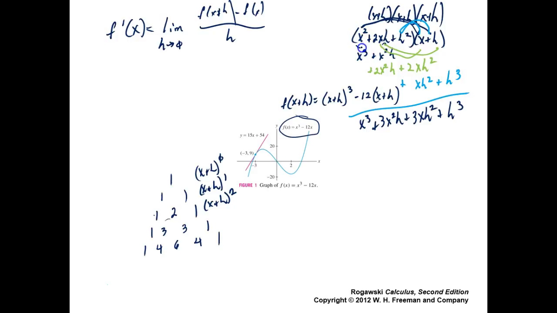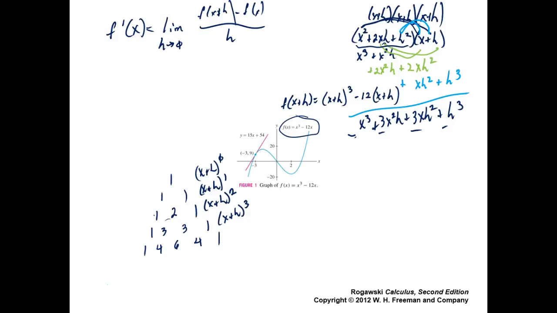That's what we did right here. Those are your coefficients there. 1, 2, 1. And then for the x plus h cubed, 1, 3, 3, 1.